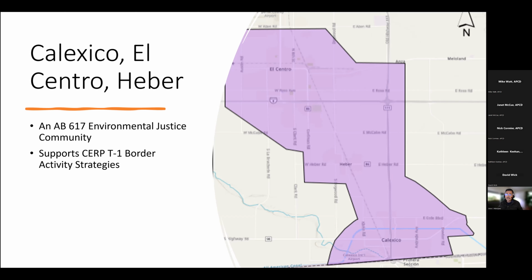The purpose of this designation, the AB 617 environmental justice designation, is to address air quality impacts in environmental justice communities. This concept that I'm presenting today is actually supporting strategy T1, called Border Activity Strategy, for the Community Emission Reduction Plan of these communities.